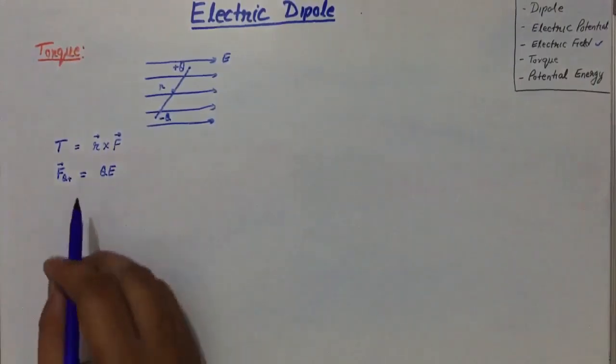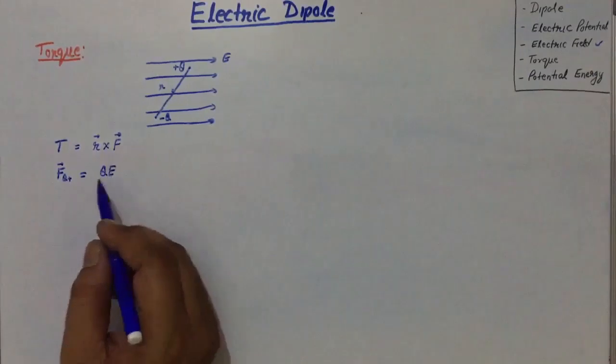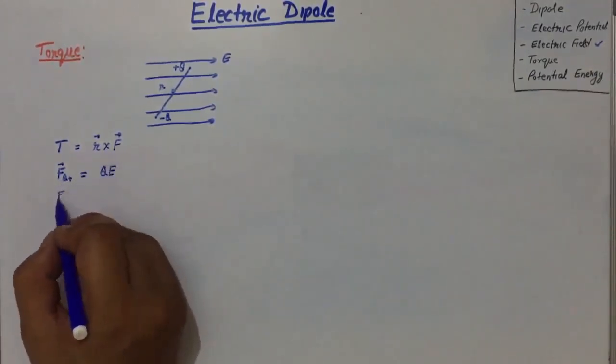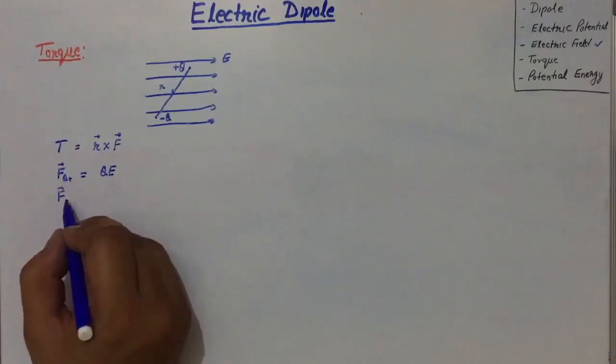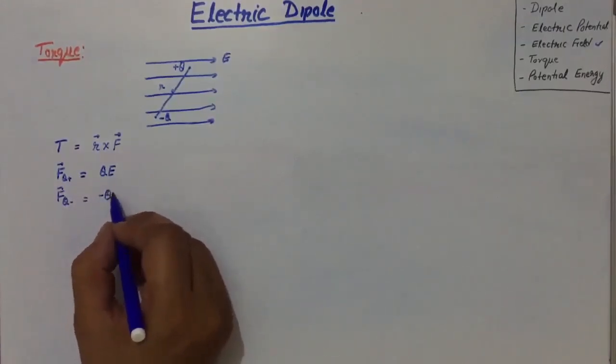This is QE, and similarly at the negative charge, the force will be minus QE.